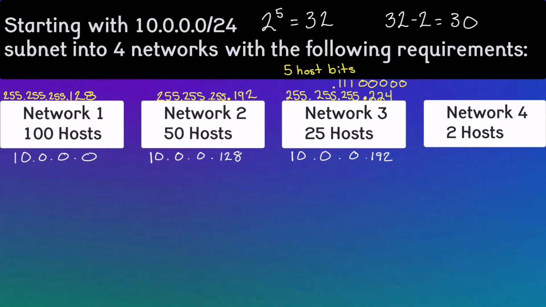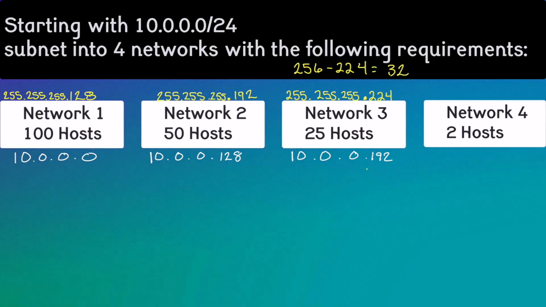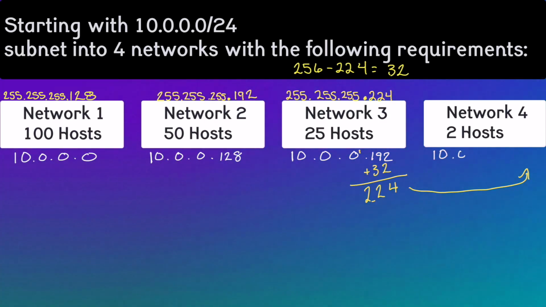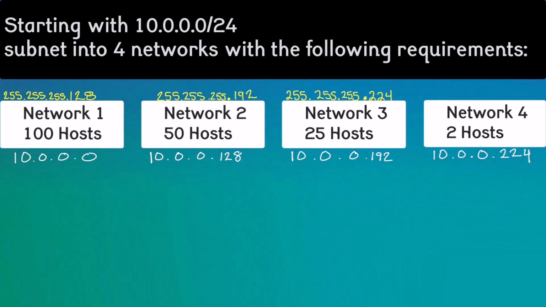Now we can calculate our block size. 256 minus 224 is 32. When we add 32 to our interesting octet of 192, we end up with the value 224. So our 4th subnet will have the network ID of 10.0.0.224.